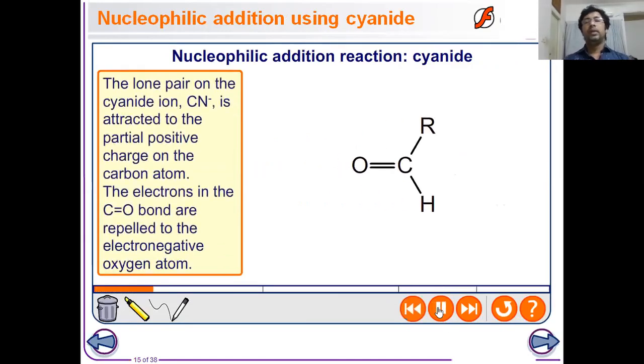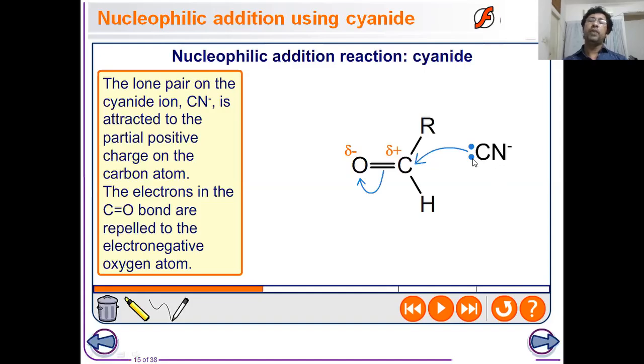Well, this is a carbonyl compound. Oxygen is more electronegative, so both the pi bonded electrons will be shifted to oxygen, and we have to show it using these curly arrows. We must use these curly arrows in the reaction mechanism. And carbon will be partially positively charged when it is bonded with oxygen, so this carbon will be attacked by a nucleophile like cyanide ion.